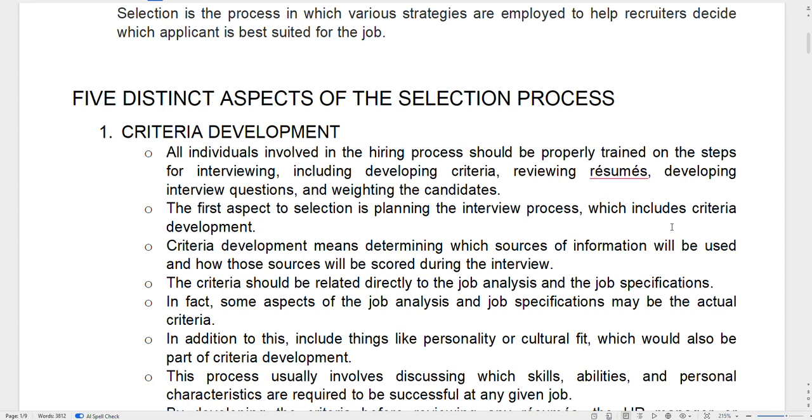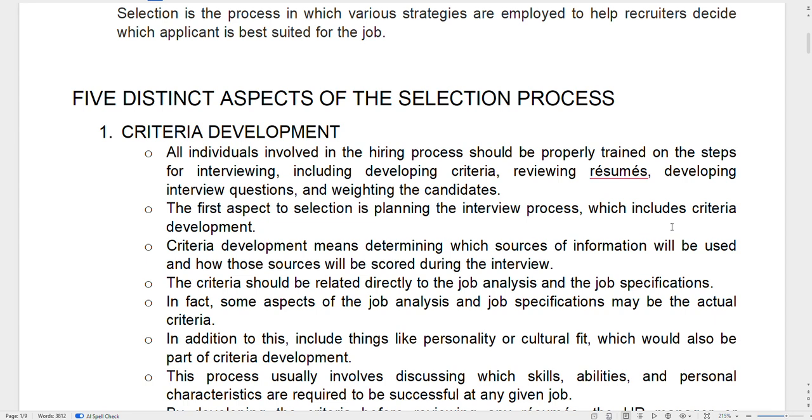Sir, what do we do in criteria development? Literally, we set criteria. How are we going to select without criteria? I don't think that will be possible. Criteria development means determining which source of information will be used and how those sources will be scored during the interview. These criteria should be related directly to the job analysis and job specification.